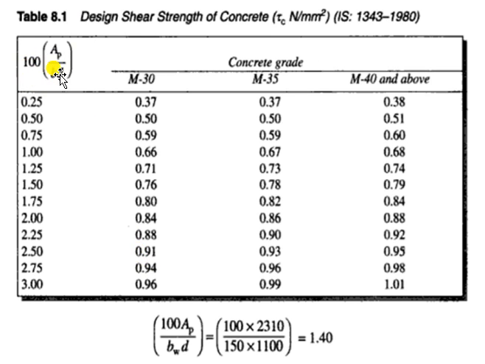Substitute the values of AP, BW and D in this formula. So 100 AP by BW into D, where AP is the area of pre-stressing steel, 2310 given in the question, and BW is 150 and D is 1100.